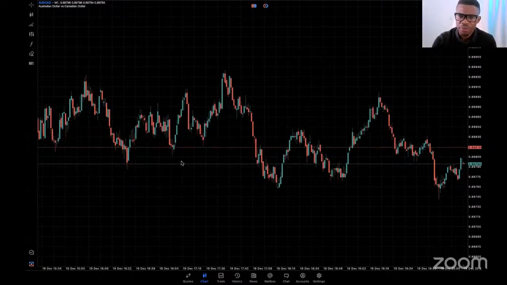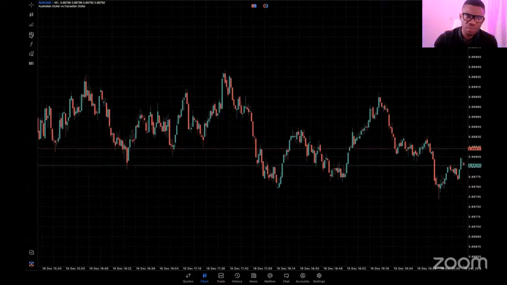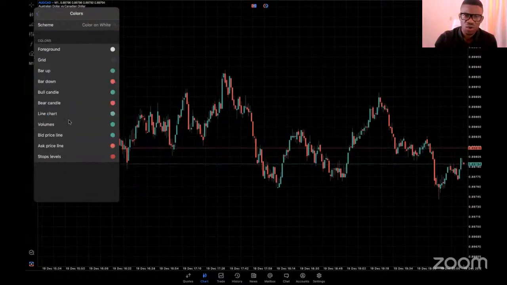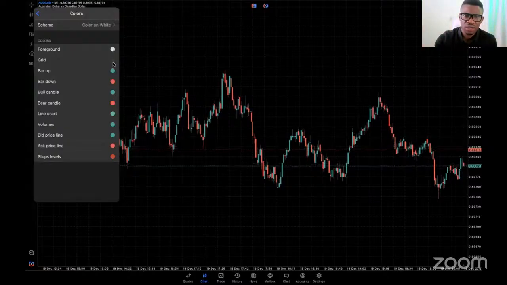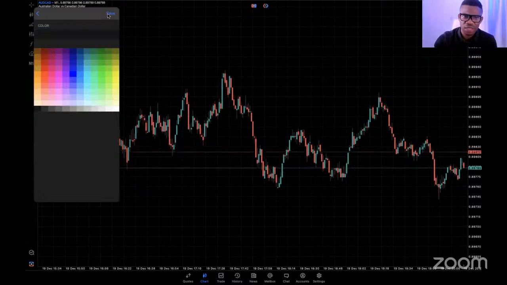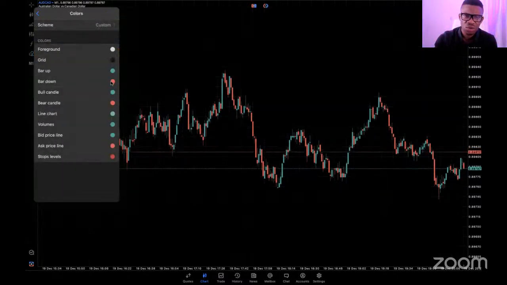The mathematics booklet that is behind my screen, I don't like it. So how do I remove it? Let me go back to these settings. Under colors, where I have foreground white, grid, remove that grid, make it black, to disappear. It's out now.